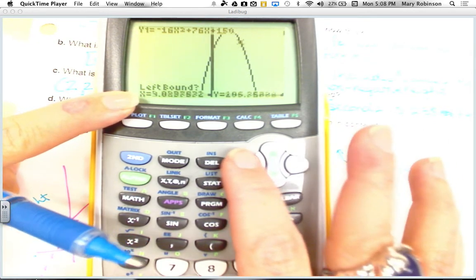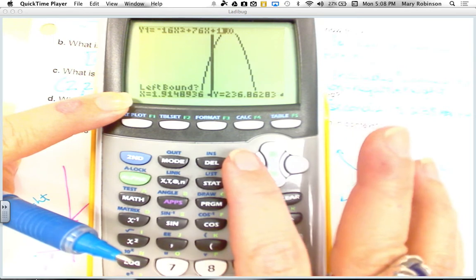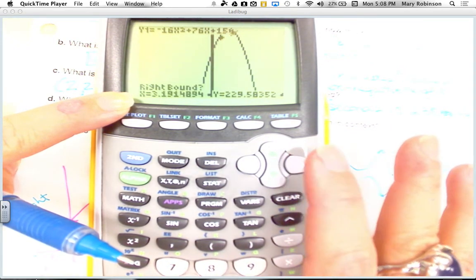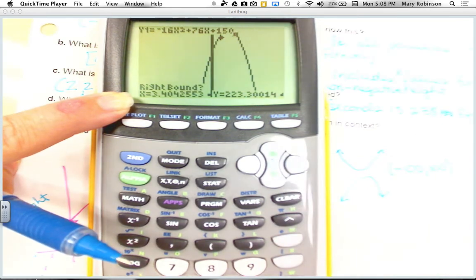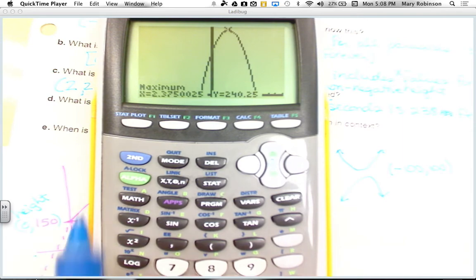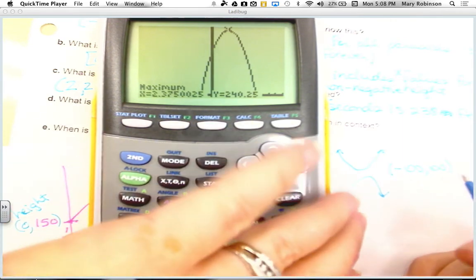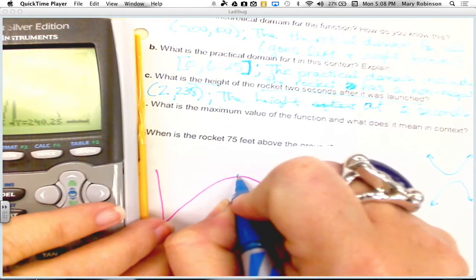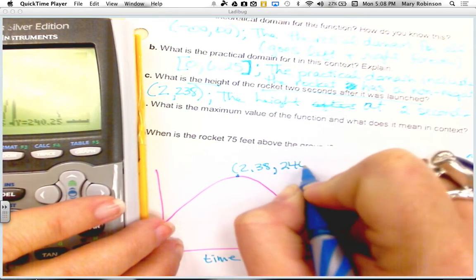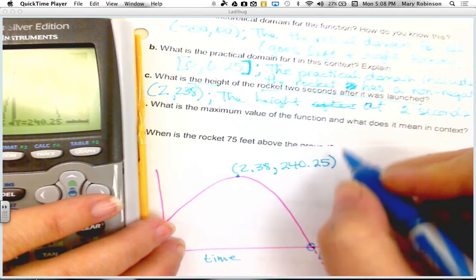There he is. So I'm going to hit my left bound on the left side of the vertex, mark it. Right bound on the right side of my vertex, mark it by hitting enter, and then hit enter again. And it says my max is at 2.38 seconds at a height of 240.25 feet.